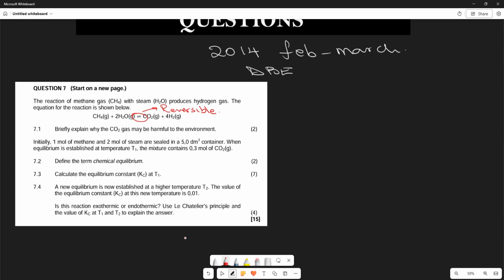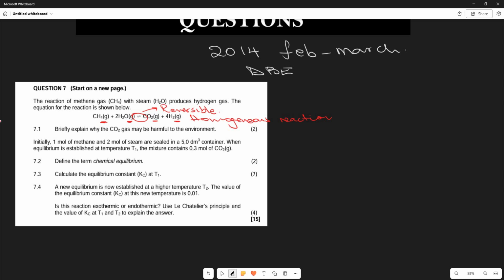And again, we can see that our chemical equation has the same states or phases, gas throughout. Such equations we call homogeneous reactions. So homogeneous reactions are those reactions having the same phases. So the reaction is reversible and it's homogeneous.